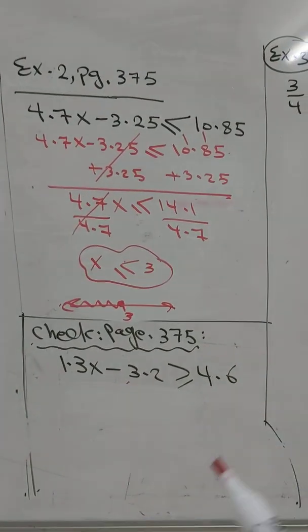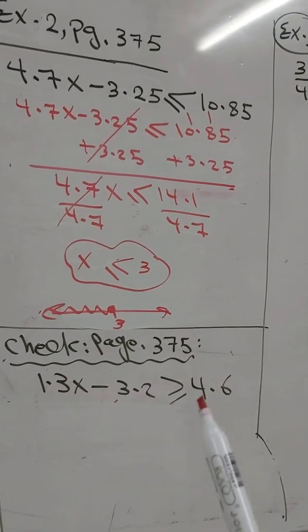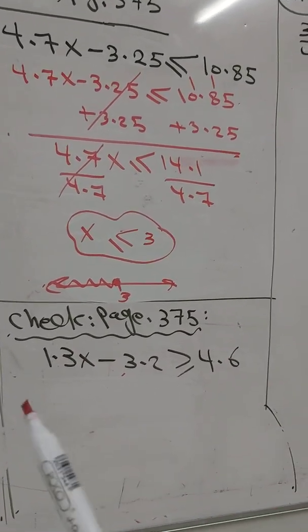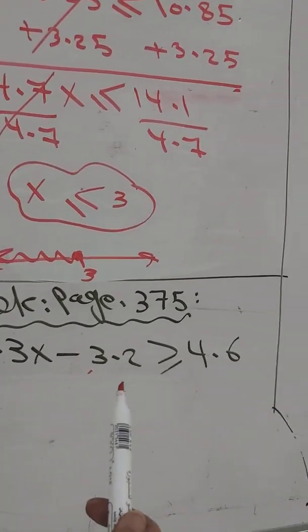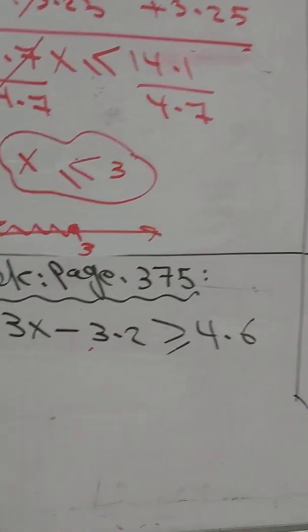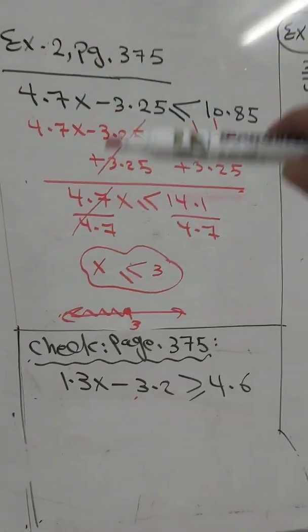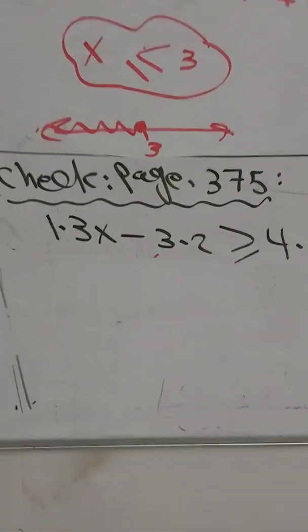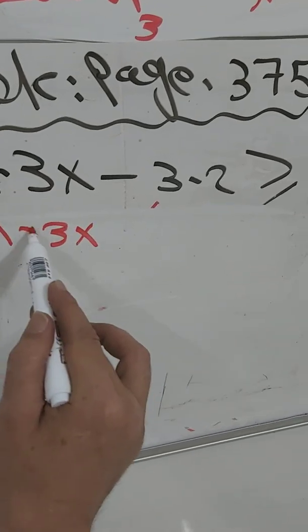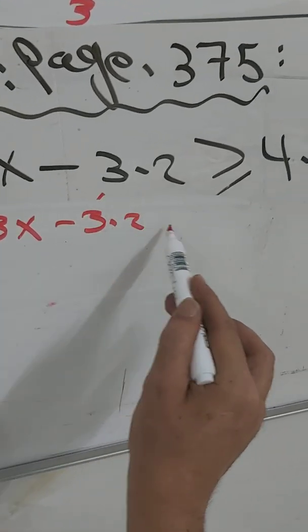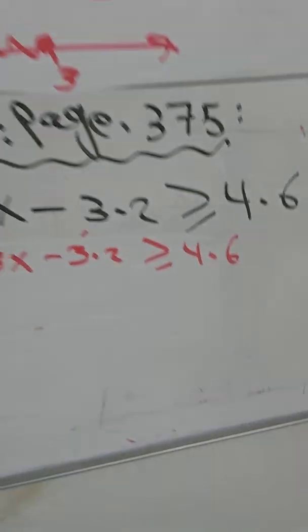Now after the example, guys, we have the check, page 375 also. So let's do the check, this one. Solve the inequality 1.3x minus 3.2 more than or equal to 4.6. I will follow the same steps of this example. So here I will rewrite the inequality: 1.3x minus 3.2 more than or equal to 4.6.